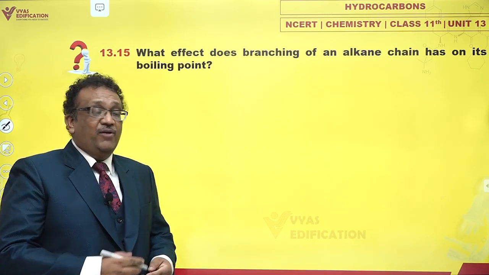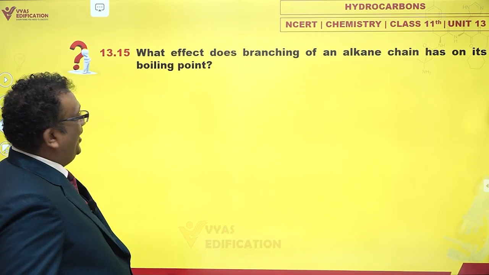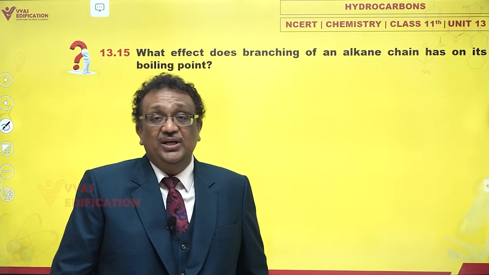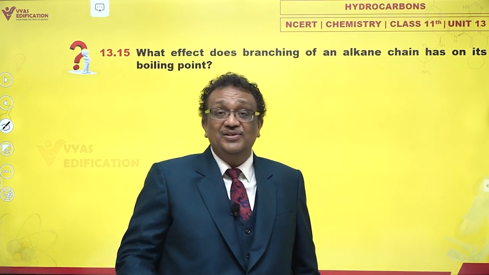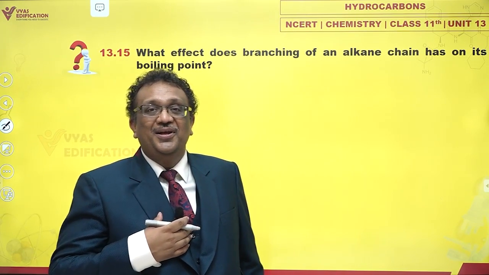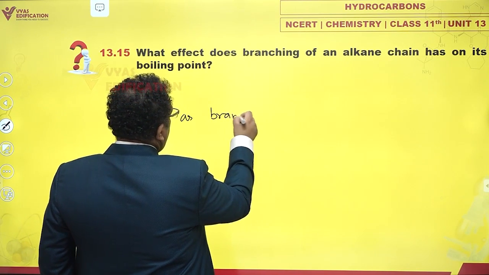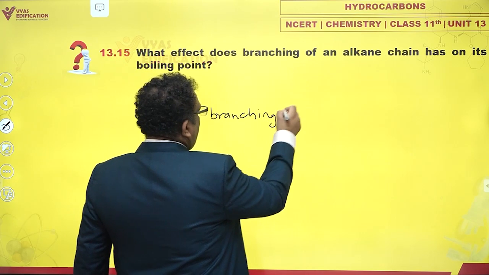And that's it. What effect does branching of an alkane chain have on its boiling point? Well, as branching increases, surface area of the molecule decreases.